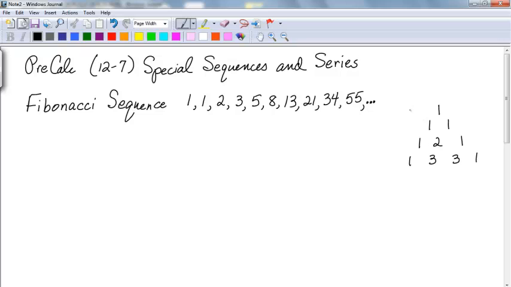Okay, if you look at that and look at some of the diagonals, the 1 and 1's 2, the 1 and 2's 3, and if you keep going down here, you'll see the Fibonacci sequence appears in Pascal's triangle.